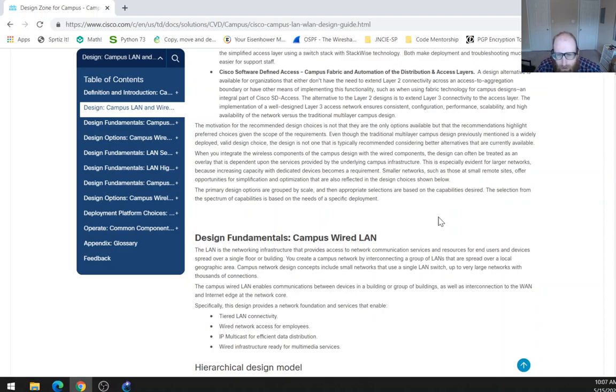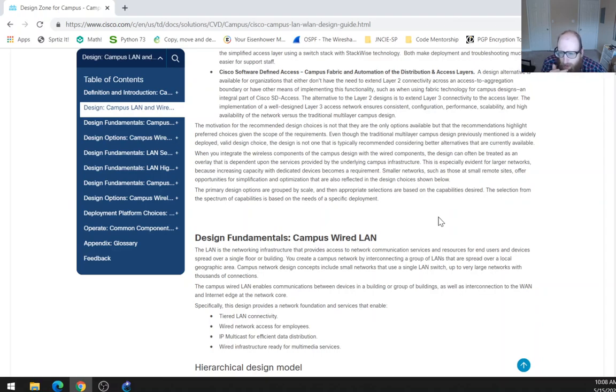When you integrate the wireless components of the campus design with the wired components, the design can often be treated as an overlay that is dependent upon the services provided by the underlying campus infrastructure. This is especially evident for larger networks because increasing capacity with dedicated services or dedicated devices becomes a requirement.